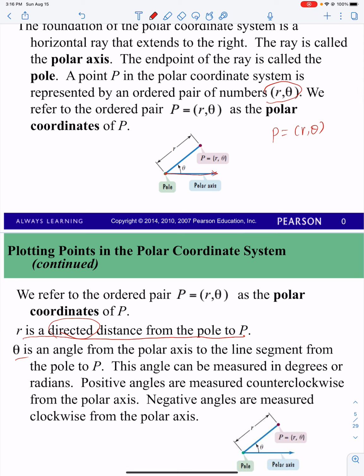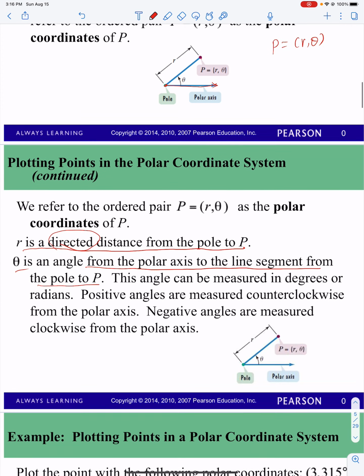Theta is an angle from the polar axis to the line segment from the pole to P. The line segment is similar to the terminal side in an angle, but here it's only a line segment because it will not go forever.